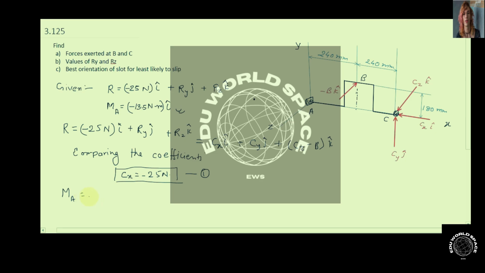The moment about point A is the position vector of point B with respect to point A cross multiplied with the force at B, that is minus B k cap, plus the position vector of point C multiplied with the forces acting there, that is Cx i cap plus Cy j cap plus Cz k cap.